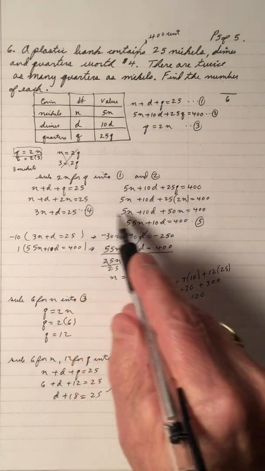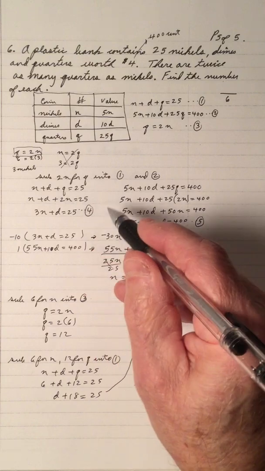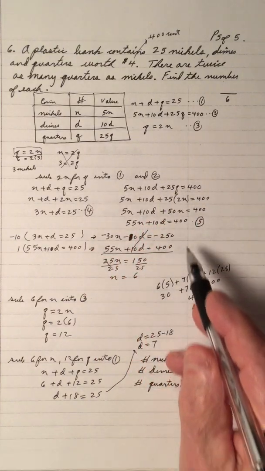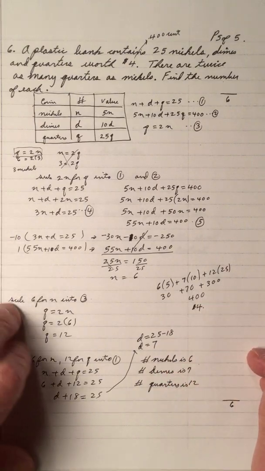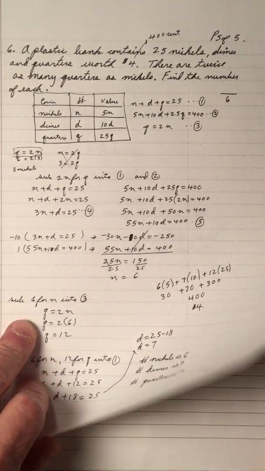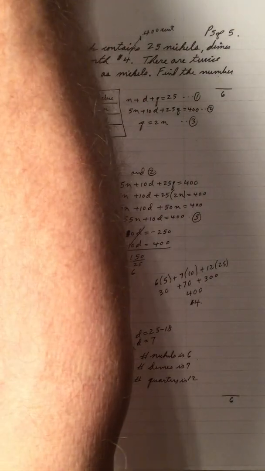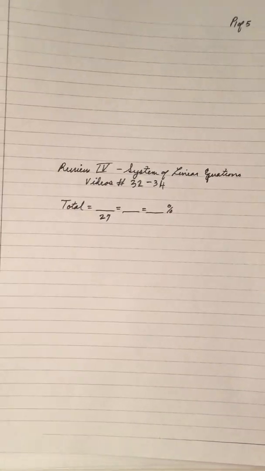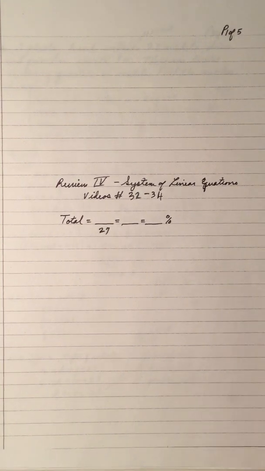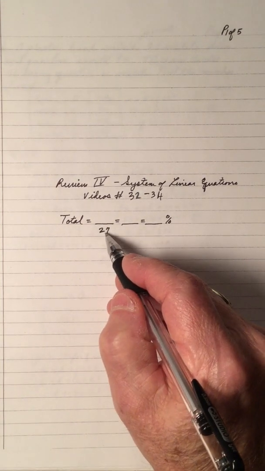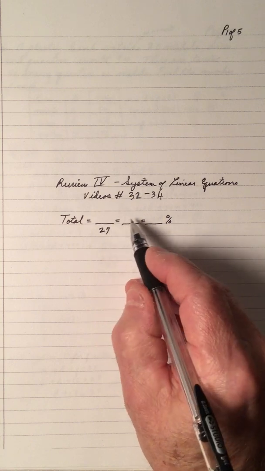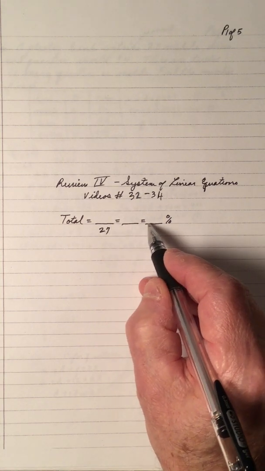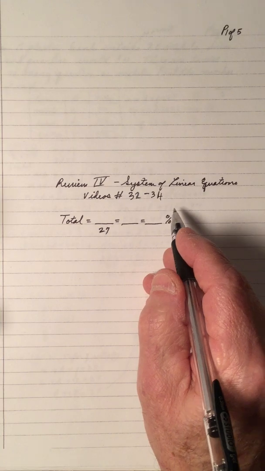So we get the 3 equations. You get 3 marks. And if you work it through and get the answers, each one, you get a mark each, so 6 in total. So if you add up each of the pages at the bottom and take your number and put it over 27, divide your 27 into your numerator with a calculator, you get a decimal, move the decimal 2 places to the right, and you get your percent.